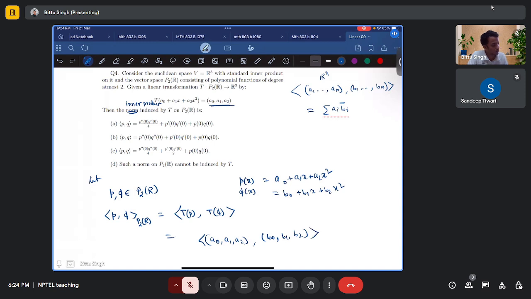Using the definition of inner product in R^n, this is the sum: a0b0 plus a1b1 plus a2b2.